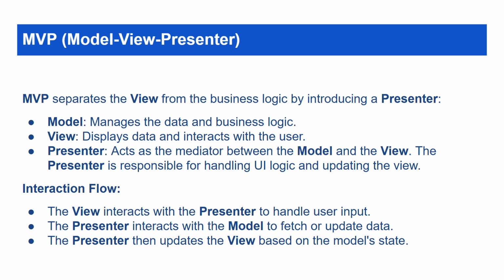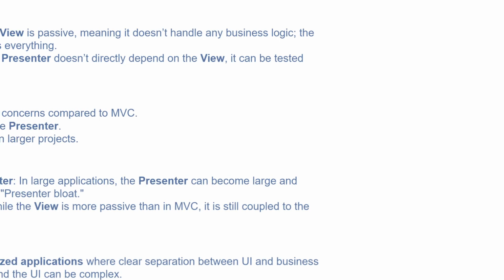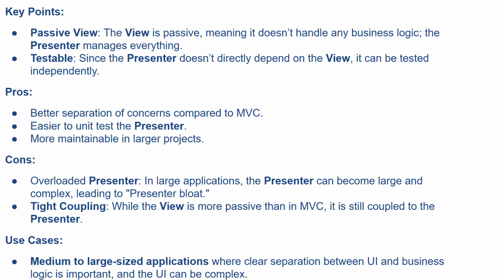So this is how the interaction and the presenter work in the MVP pattern, and we have some pros and cons for this as well. It is testable because it has a separated view part, and more maintainable as compared to the MVC pattern.